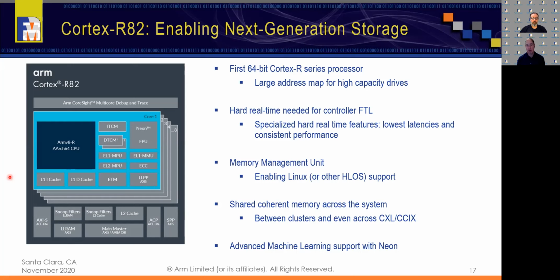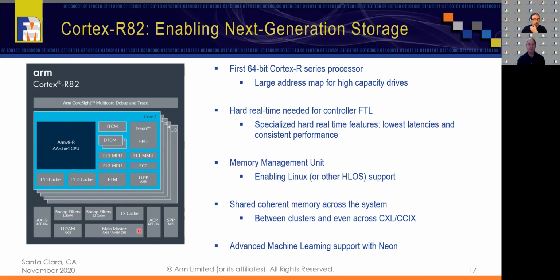But this real-time processor also contains a memory management unit that is optional, and this enables running Linux on these cores as well. And it can be Linux in addition to real-time or combinations based upon whatever is required. And we'll get into a little bit more of that in the next few slides. But the Cortex-R82 also enables coherency, either between additional clusters of Cortex-R82 or Cortex-R82 and clusters of Cortex-A.